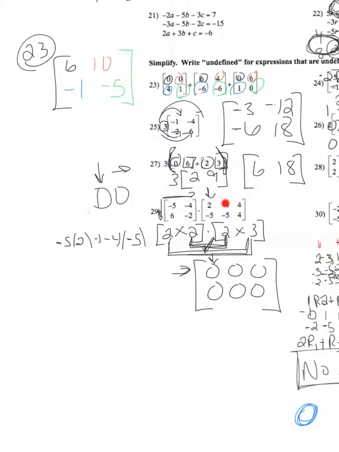So we did those 2 times those 2. So -5 times 2, and then the -4 times -5. So that ends up to be, what do we have here? -10 plus 20. So a 10 is in that first spot.